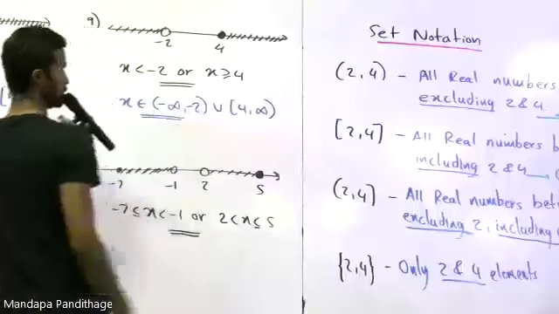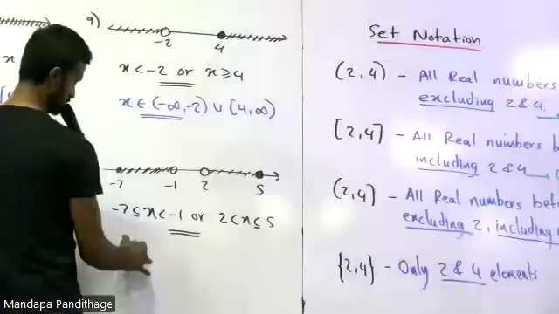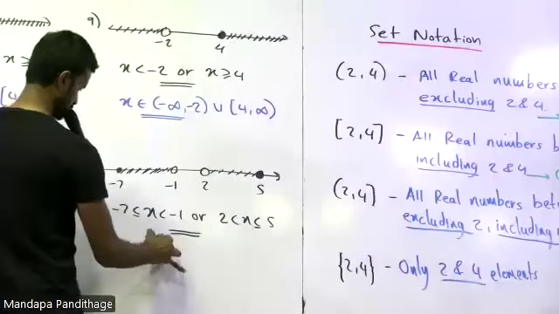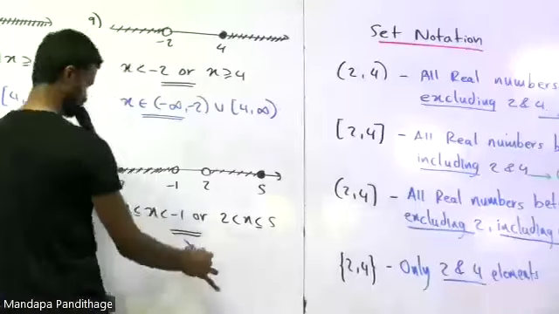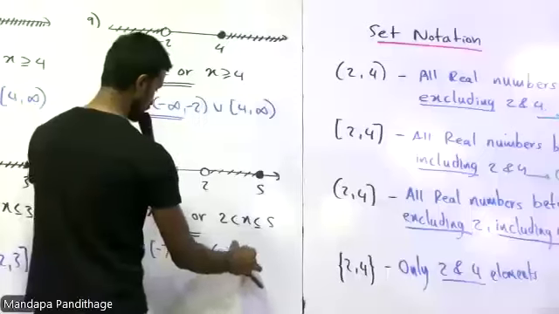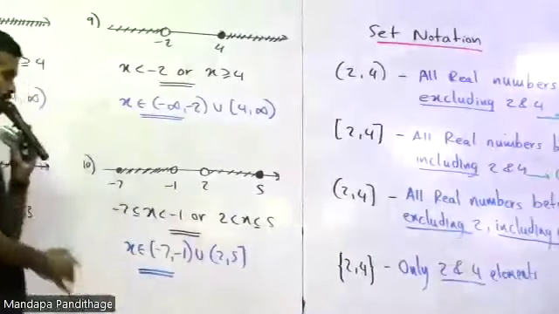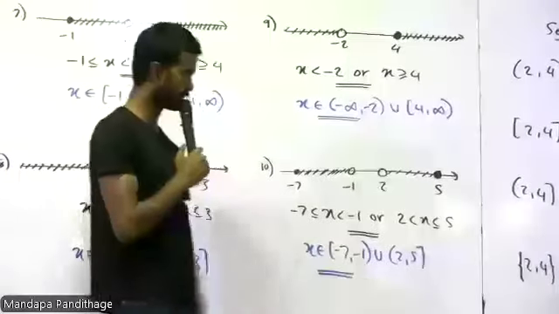Then this one, x is an element of square bracket minus 7, minus 1 normal bracket, union starting from 2 and going up to 5. Clear?